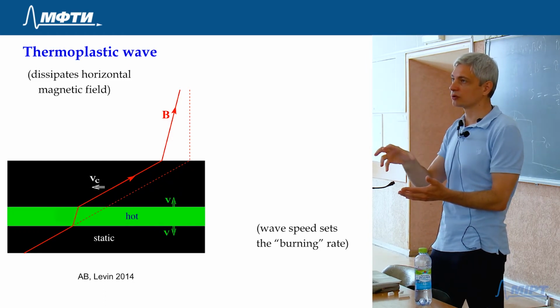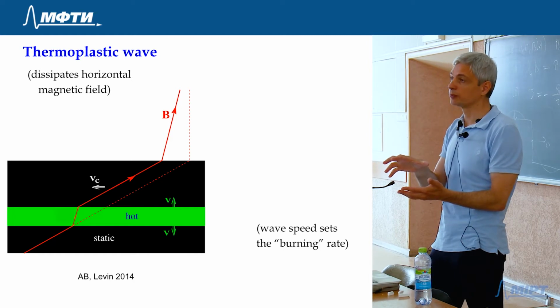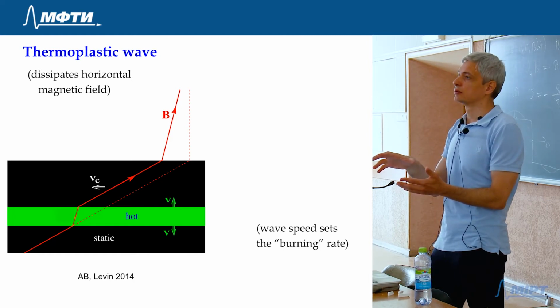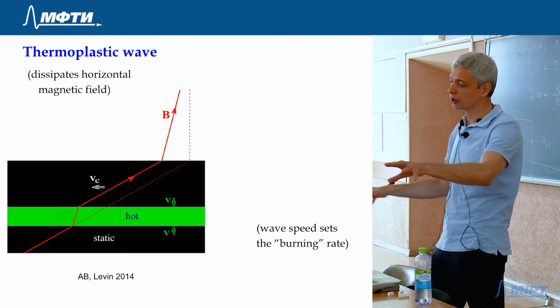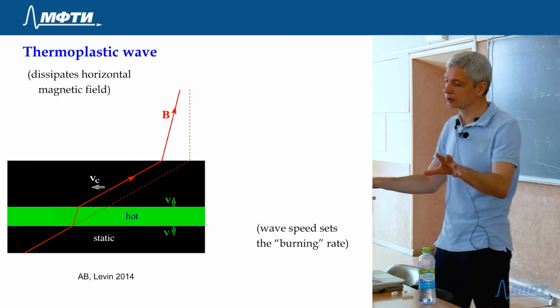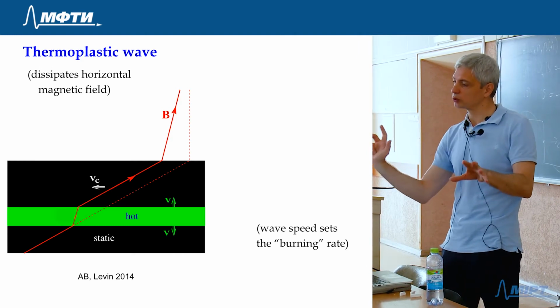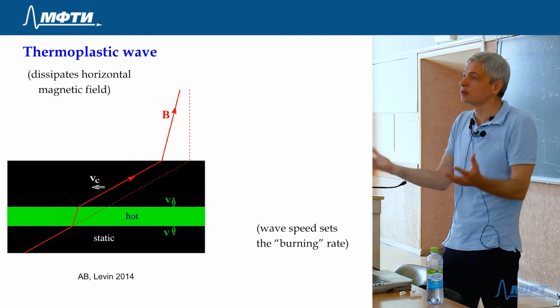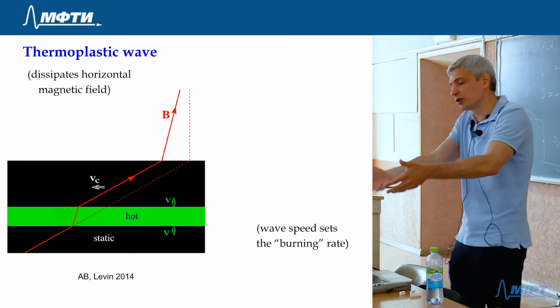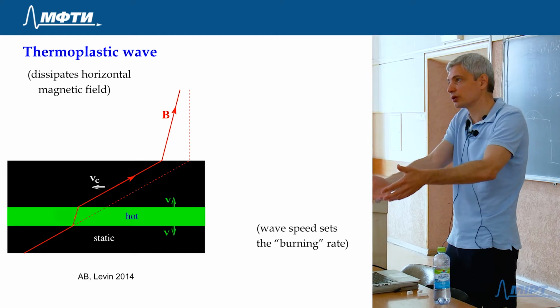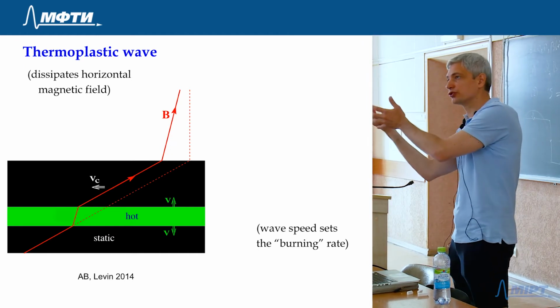The extraction from the core is achieved through the Poynting flux. If the surface crustal material is moving, pulled by these internal processes, you're twisting up the external fields, which means there is Poynting flux that transports magnetic energy from the interior to the exterior of the star.